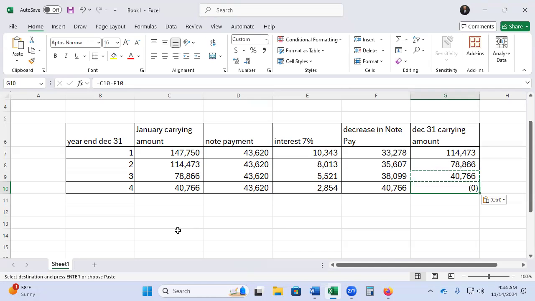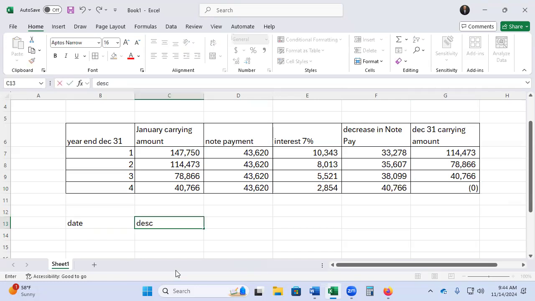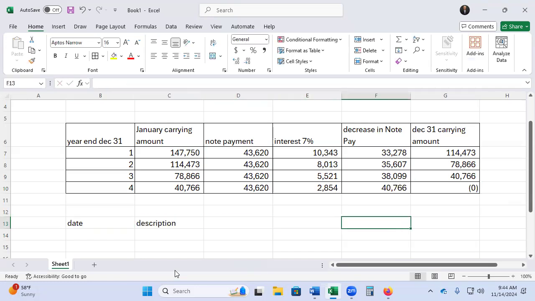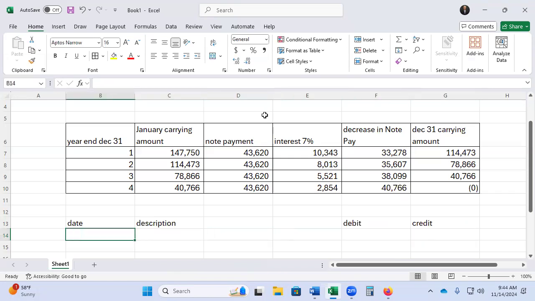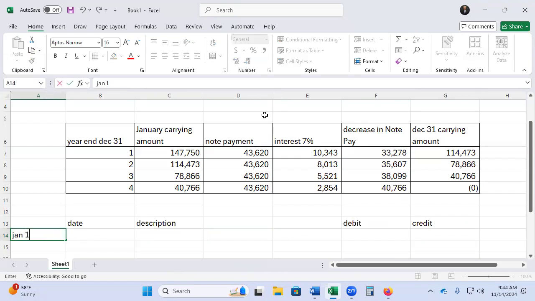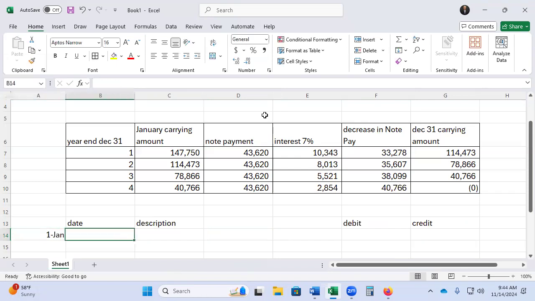The entries are the next part that they're asking for. The first one is the note payable, January 1. Oh, I put the date in the wrong column.